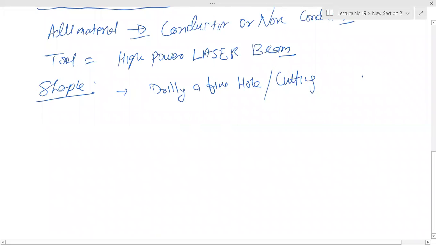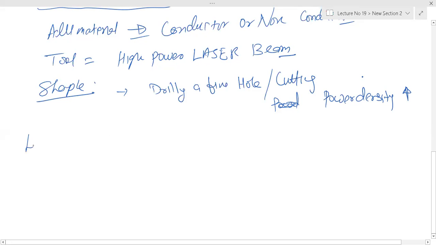You are focusing the spot to a very small size, so we can say the power density is very high. As I said, the nature is the same as electron beam machining. The only difference is no vacuum.